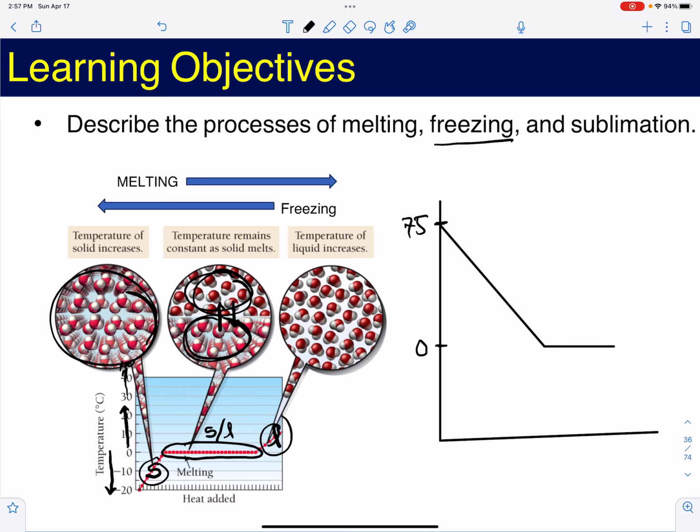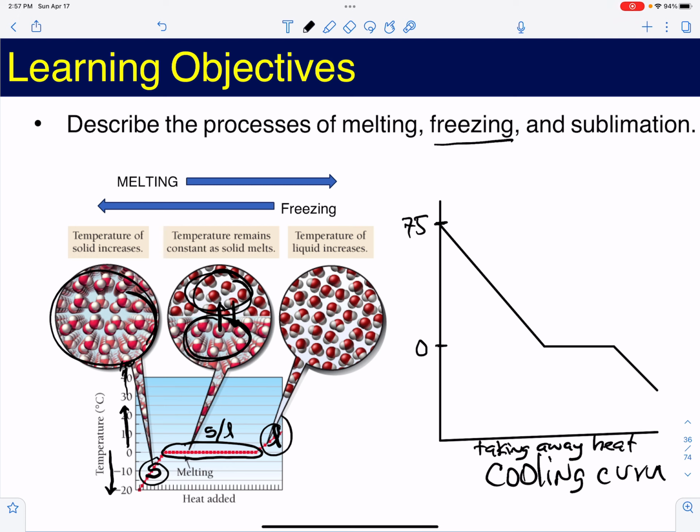Freezing happens at 0 degrees, and after it freezes, it continues going down. And this is not a heating curve anymore. This is a cooling curve where we are taking away heat.